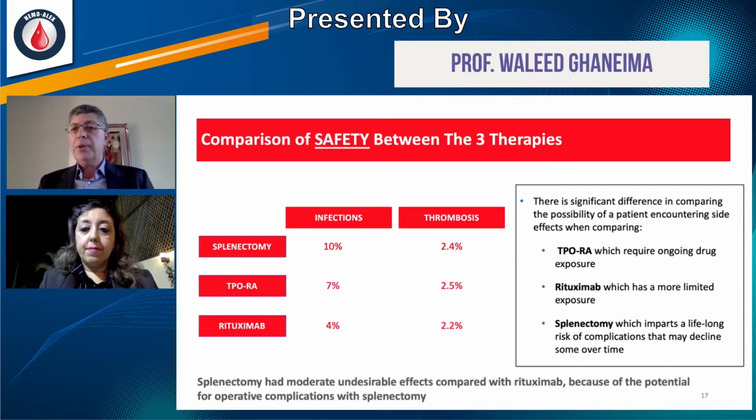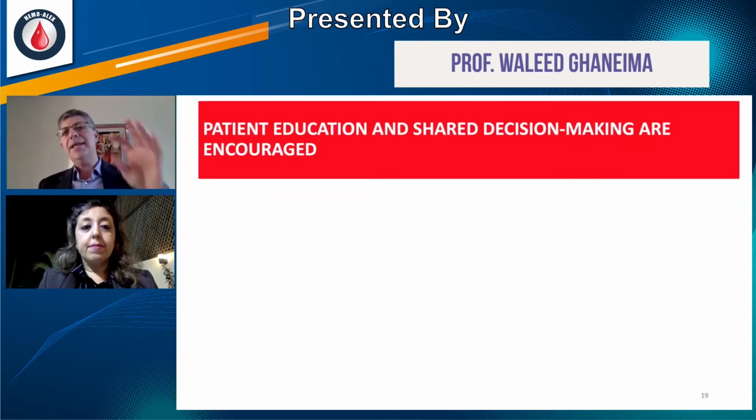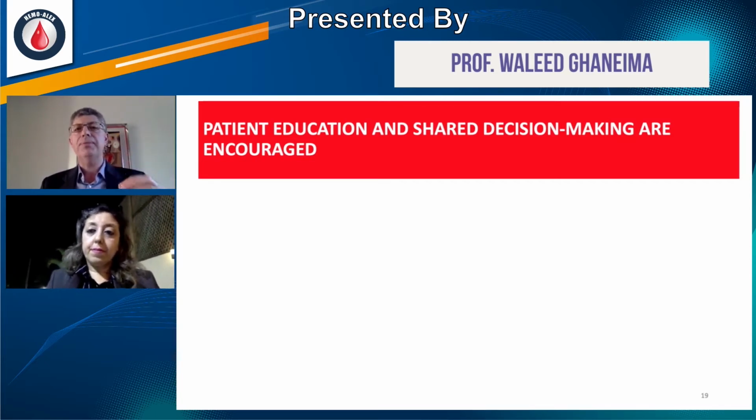So TPO requires ongoing drugs, rituximab has more limited exposure, and splenectomy imparts a lifelong risk of complications. This is the central element, as I've said already a couple of times now, patient education and shared decision. To have shared decision making, you have to educate the patient.